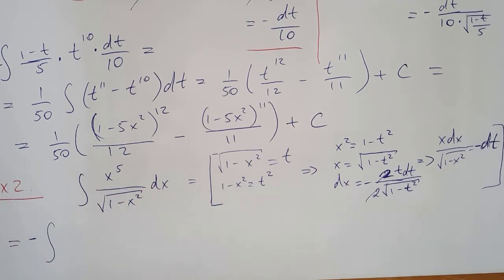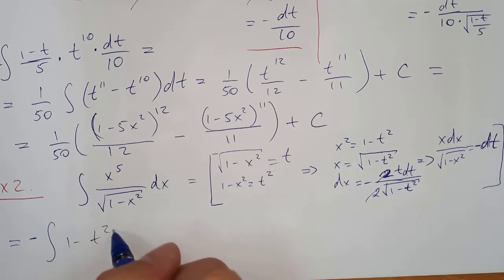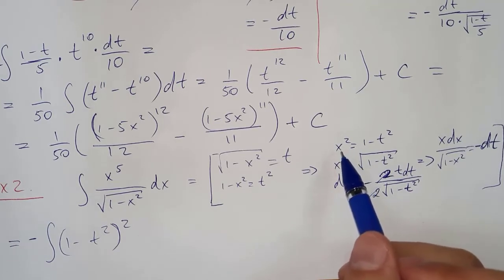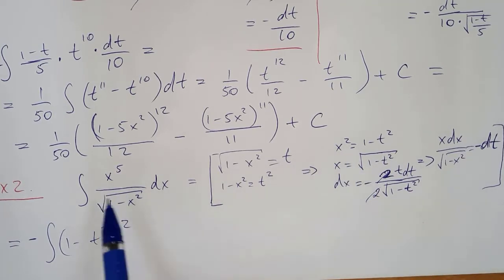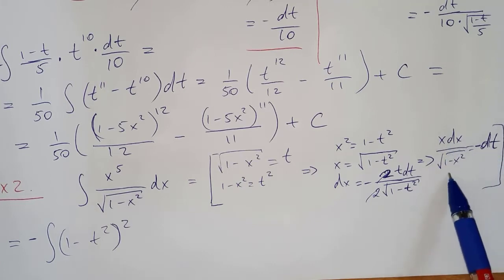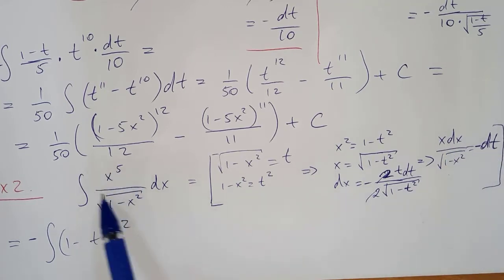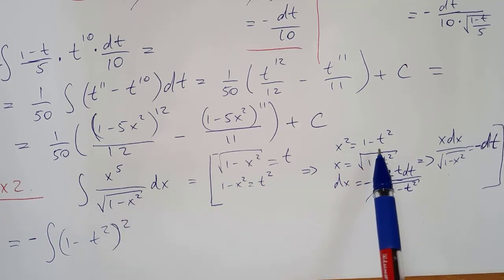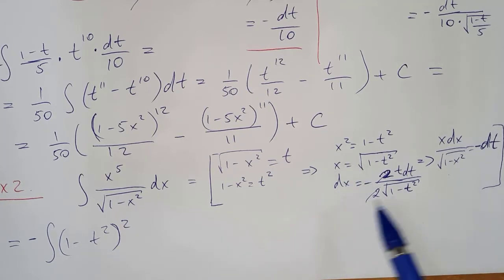It gives us x to the fourth degree, just (1 minus t squared), because this is x squared. Here we have just the fourth degree because dt is equal to x dx over the square root of 1 minus x squared, and x to the fourth is (1 minus t squared) squared, because it's x squared.